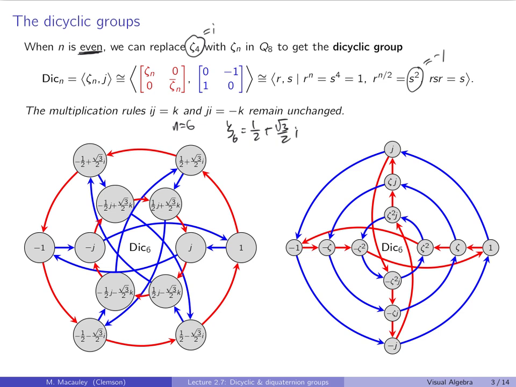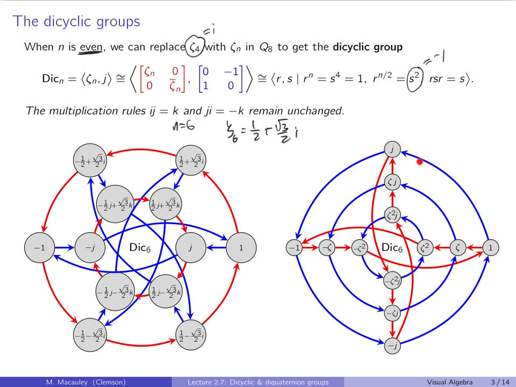Several comments about this. First of all, we know what the order of the elements around the outside are because we understand the roots of unity, but I claim that all of the elements in the inside have order 4. The square of any of them is -1. I think it's easier to see that over here. These are the roots of unity along the x-axis, but along here, I claim these have order 4.